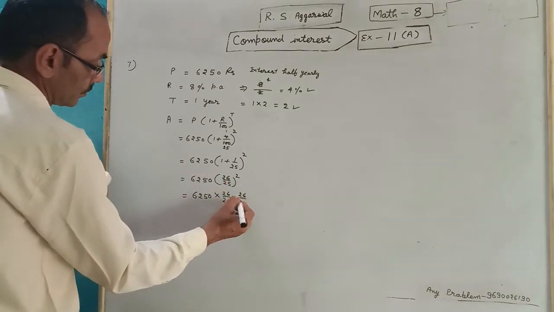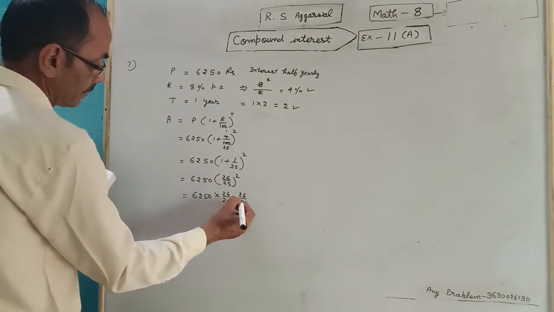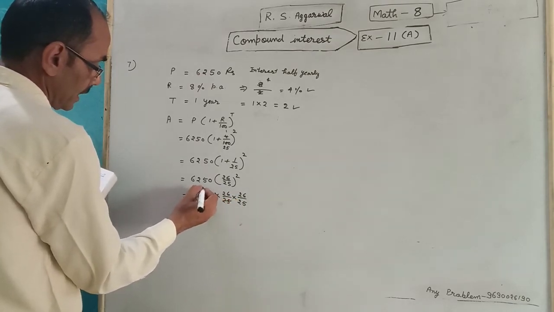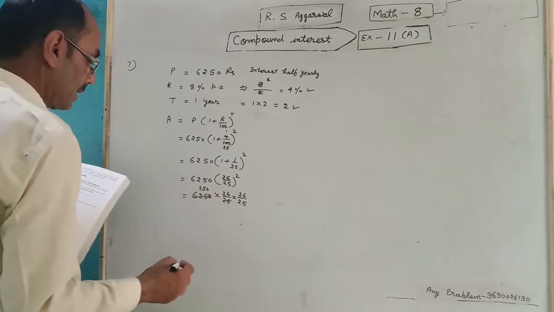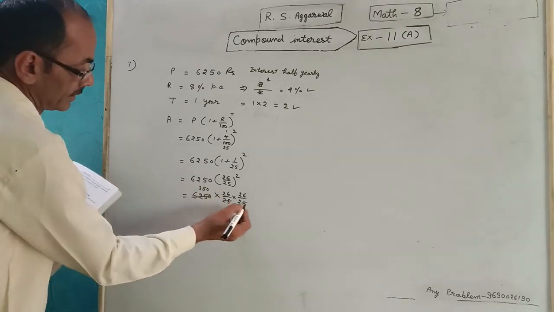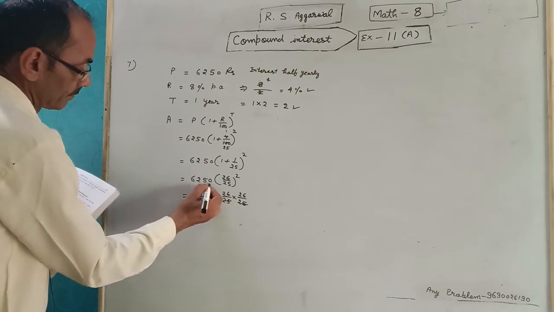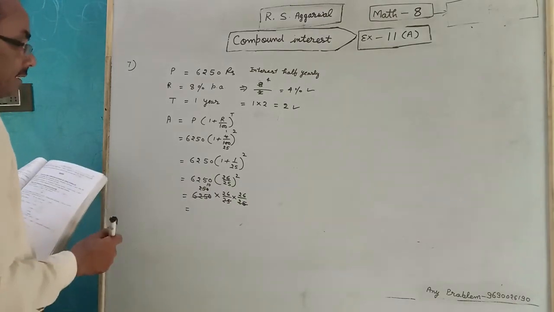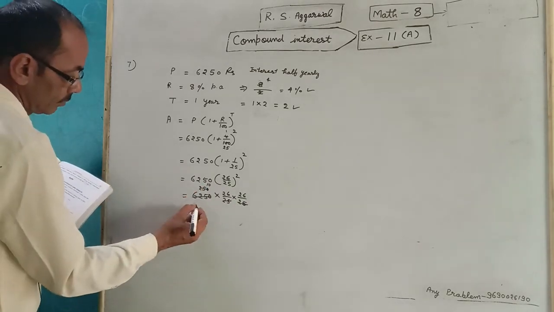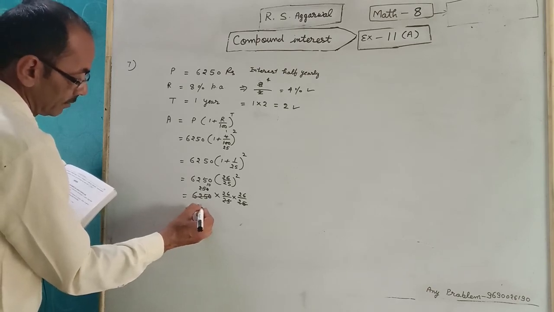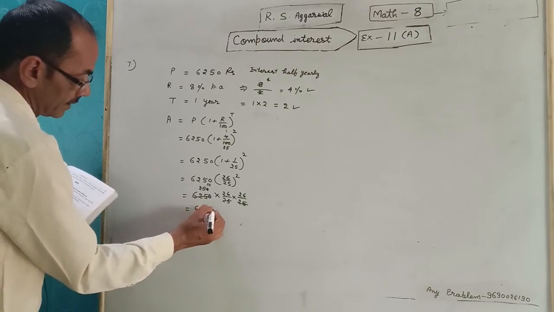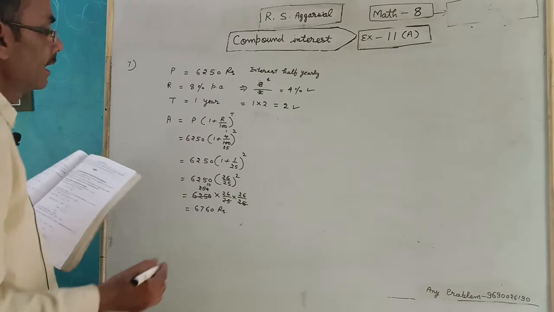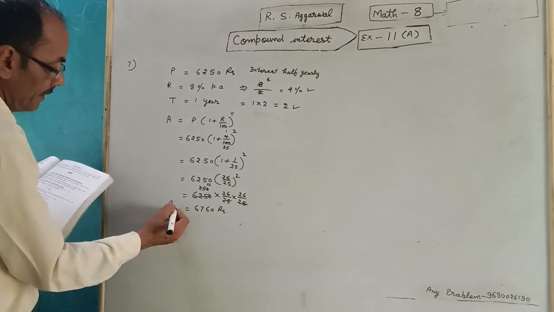Power is 2, so 26 upon 25 written 2 times. 25 divide by 6250, 25 10 ja. After multiply 26 is 676 into 10, 6,760 rupees will be the amount.